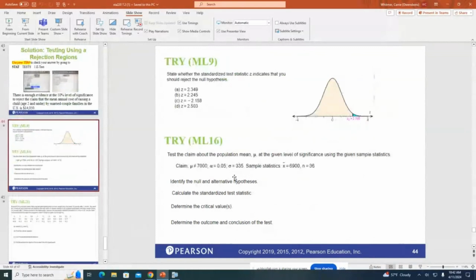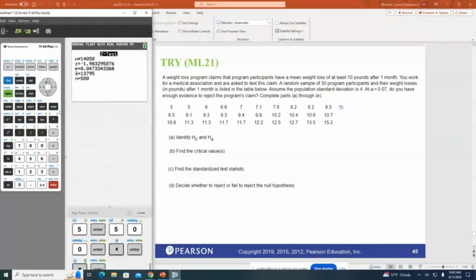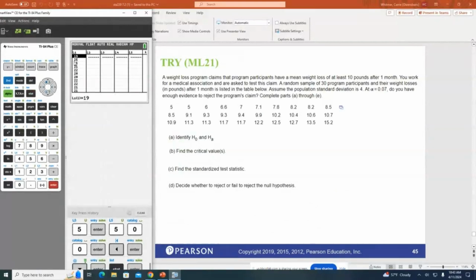Okay, so let's have a couple problems for you to try. I actually have 9, 16, and then 21 on the next slide. Now, 21 is a problem where they give you data. So if you're going to use your calculator, you're going to type in your data in L1.